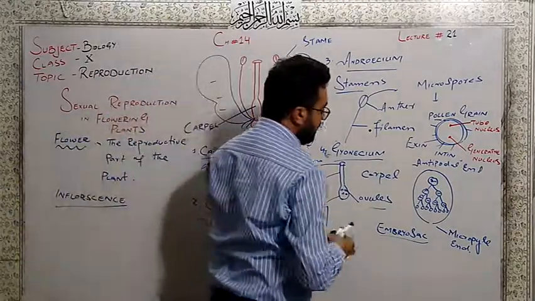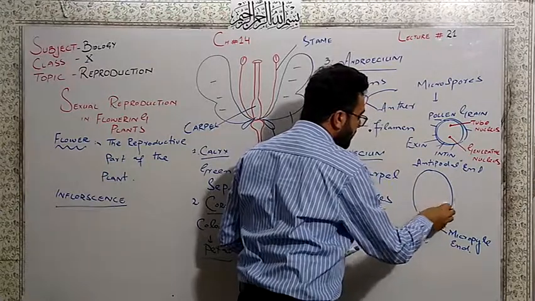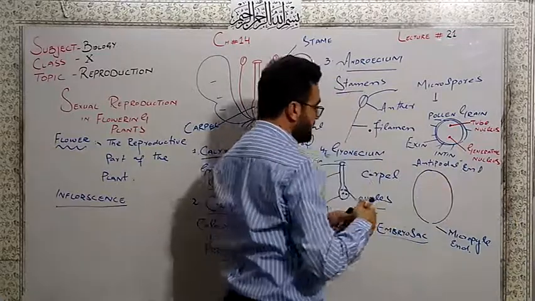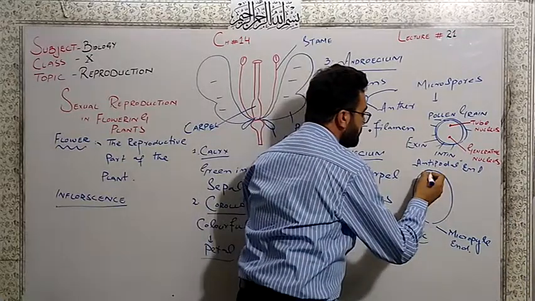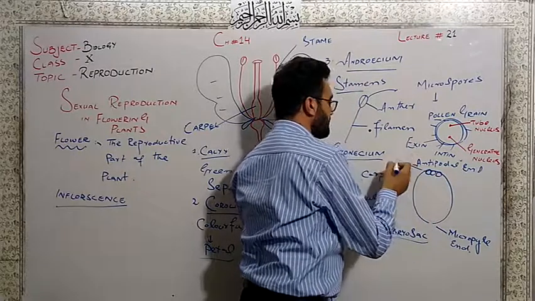Now what is happening next? We have 8 cells, in which 3 stay here, and these are called antipodal cells.